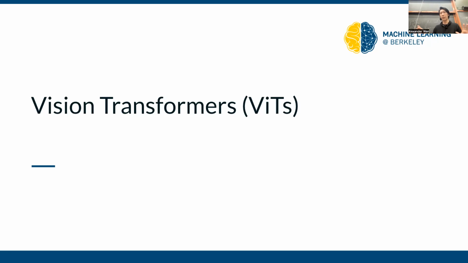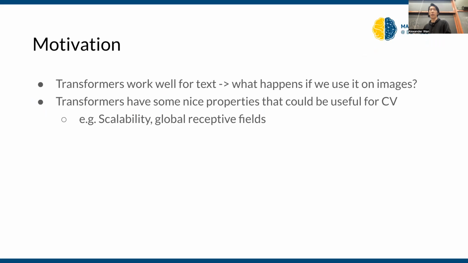So for ViT specifically, we essentially just want to apply this architecture from text, where it was originally used and very successful, to images. So this is a very intuitive motivation for why we want this architecture: it works well for one domain, so we want to use it for another domain.